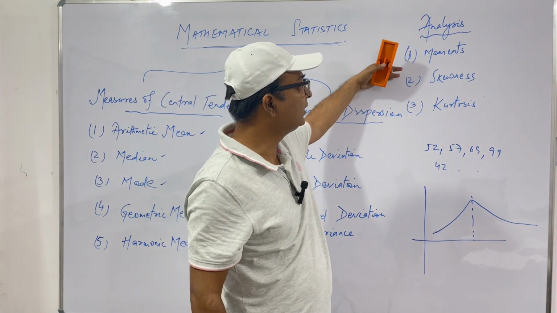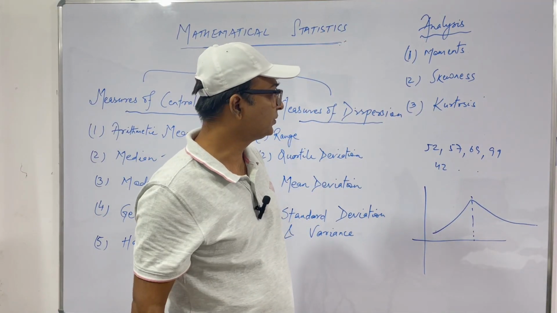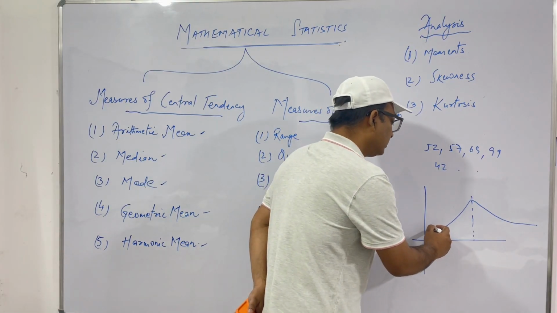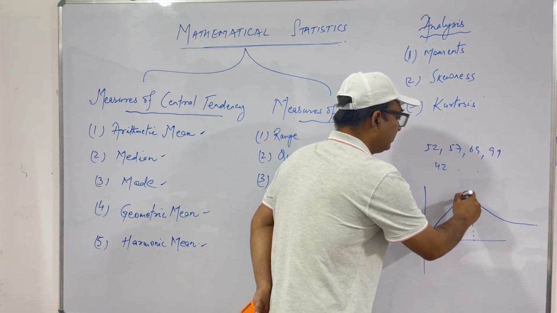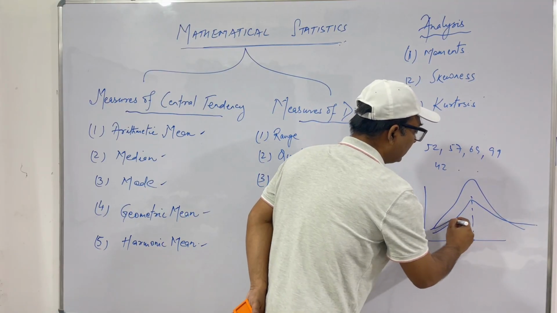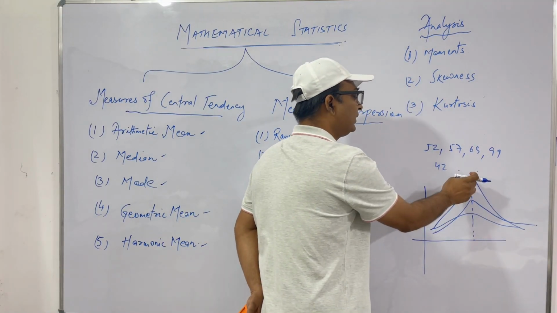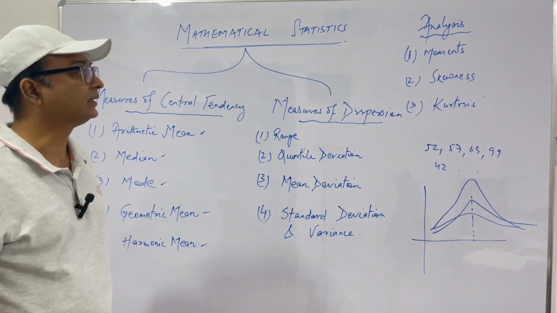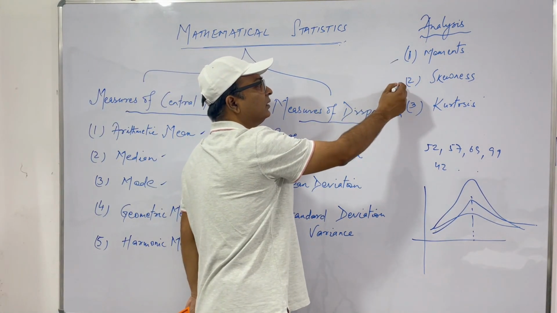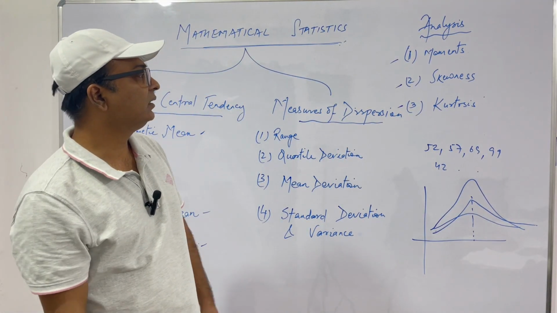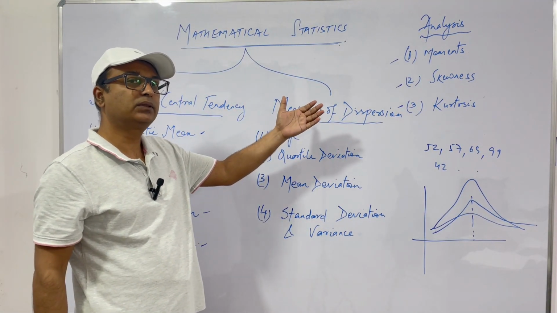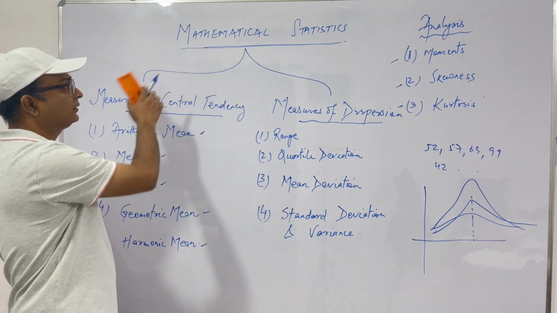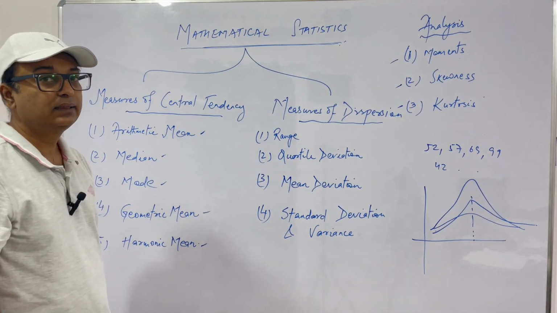So this is studied under skewness of the graph. Then we have kurtosis. Just for your knowledge sake, a graph can be like this, a graph can be like this. So the flatness of the graph is different. So this is studied under kurtosis. These topics are particularly useful for students who are doing higher studies in mathematics, but for others this is the part that they should know.